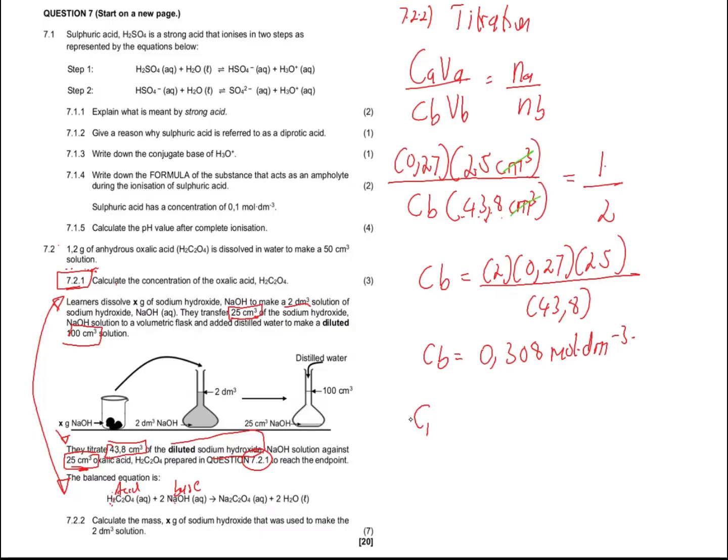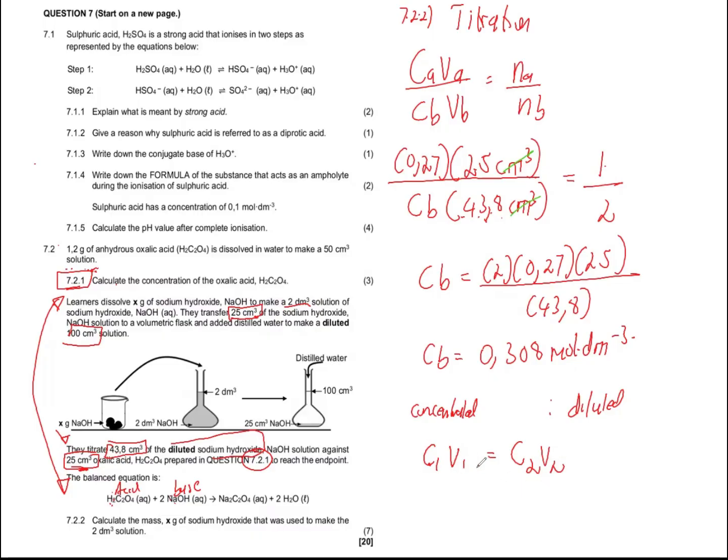So, okay, let me write what it means. The C1V1 formula is for the concentrated solution, and the C2V2 side is for the diluted solution. When I say C1V1, I'm referring to the concentration when it's still concentrated and the volume when it's still concentrated. But C2V2 is the concentration after dilution and the volume after dilution.